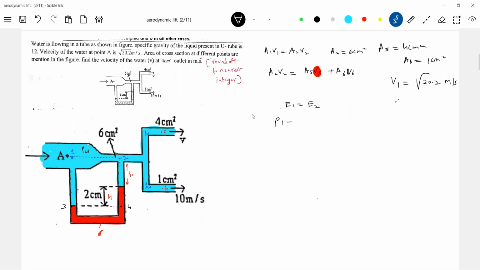So P1 plus, they are at the same energy level, so density of water, V1 square by 2, equals P2 plus rho W V2 square by 2. What is the pressure at 3 and 4? They should be equal, because they are on the same horizontal line.